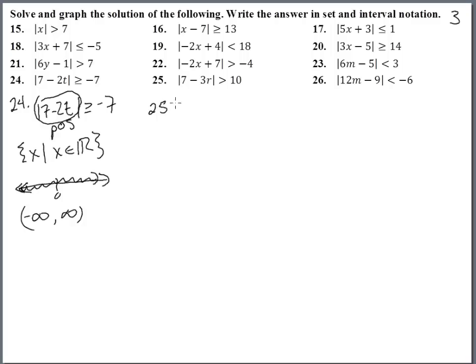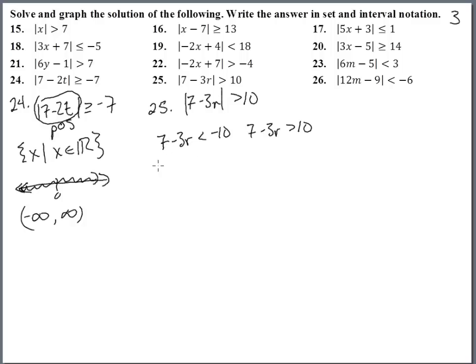Number 25. 7 minus 3r, absolute value of that greater than 10. Breaks up into two things where we have 7 minus 3r can be less than -10, or 7 minus 3r has to be bigger than 10. So writing one down just like it looks like, and then the one with the negative on the other end.